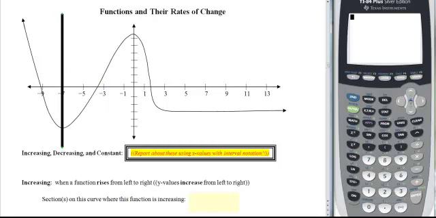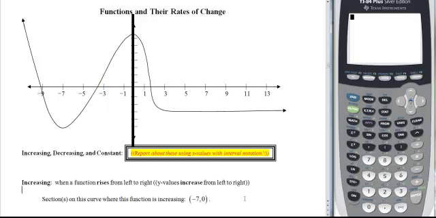But the question was, where are my y values increasing? Well, they start at -7 and they increase all the way to 0. Notice my y values as I keep moving to my right until about right here. So the section on this curve where the function's increasing, I'd say -7 to 0.